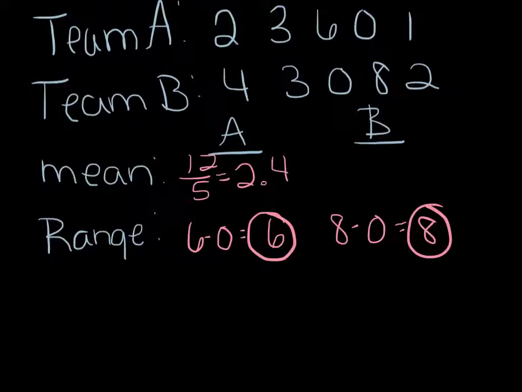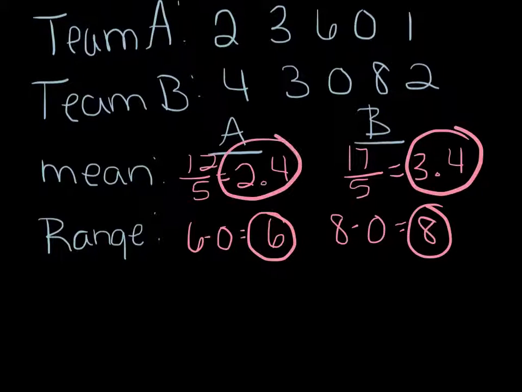When you add up the second one, you're going to get, wait, 17, sorry. Divided by 5 is going to give you 3.4.